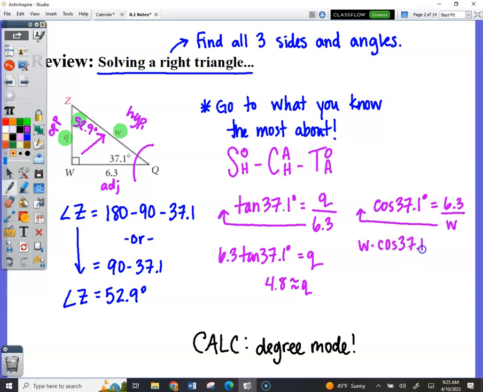You're just not done because the W is in the front, attached by multiplication, so you would move it by division, and then that's what you would type in the calculator. So this goes away and comes over here. That cancels out, and then you would get approximately 7.9.